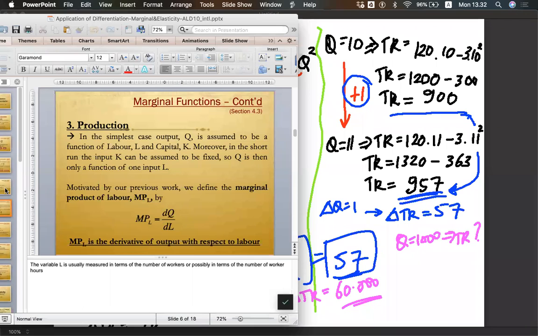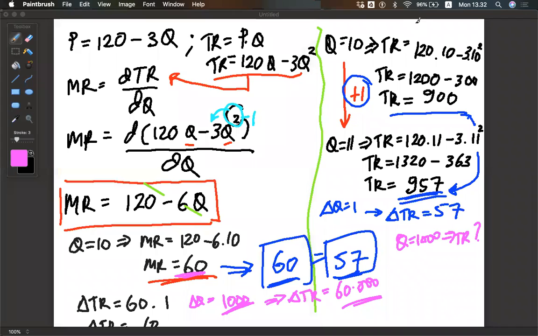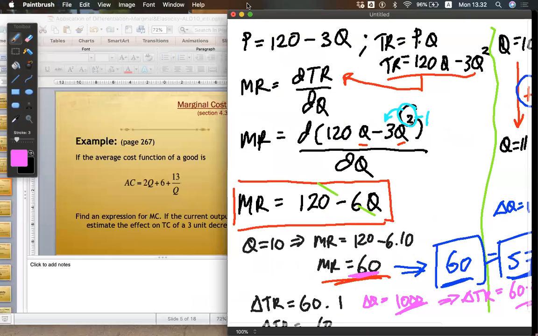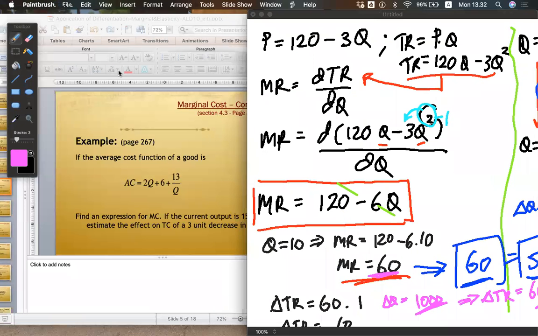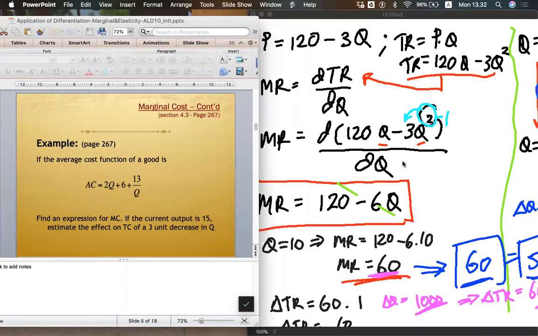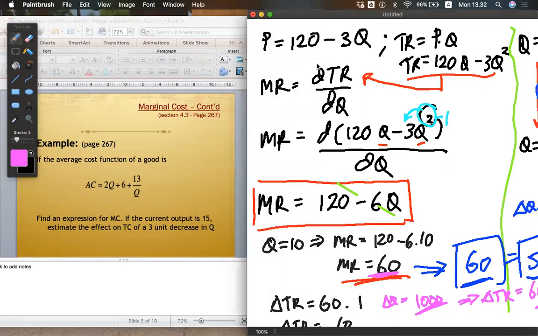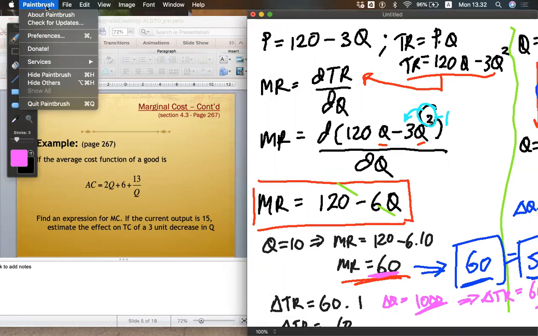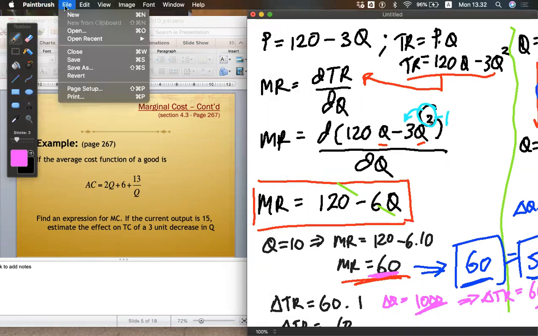Let's see. So if we have this, maybe I need to clear this. How to clear it?